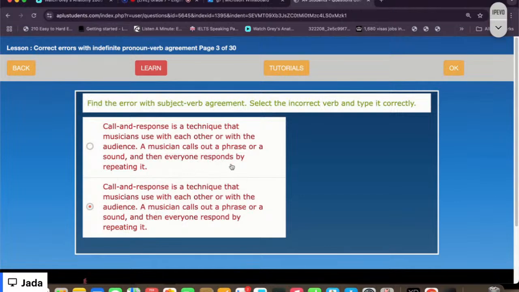So we have response here and respond. What is the right answer for this particular question?